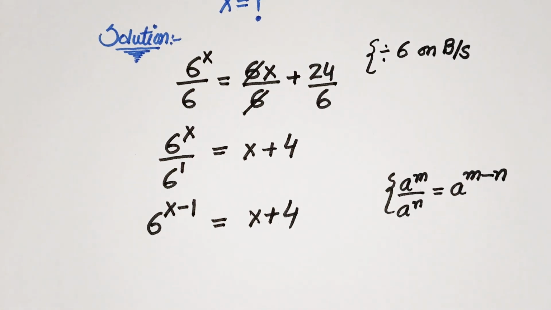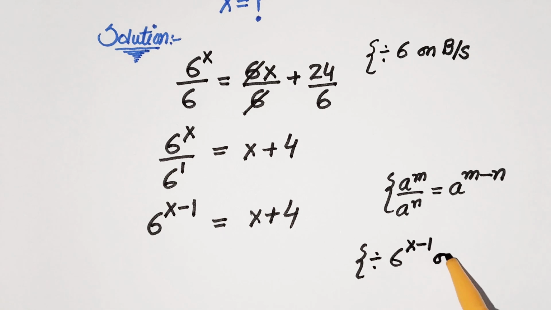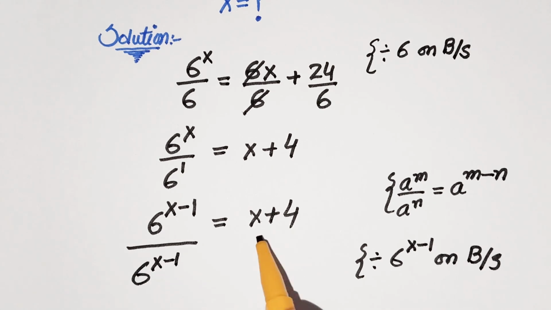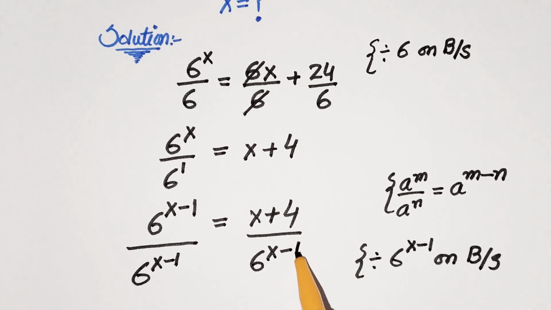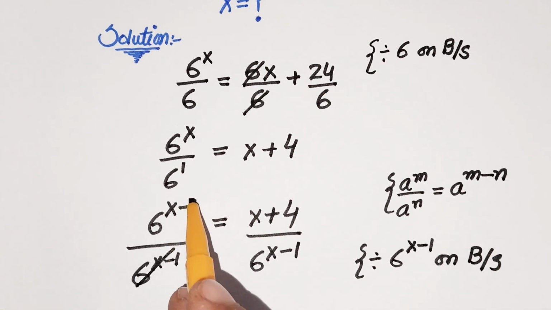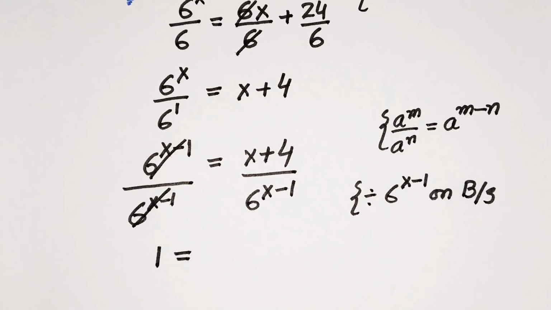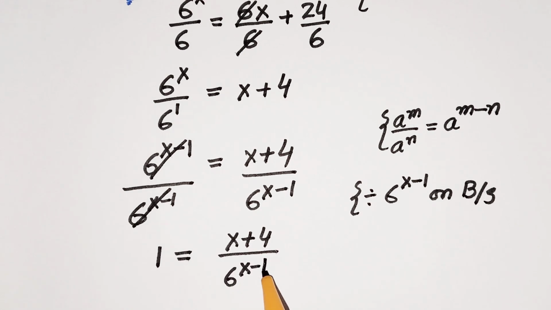So our next step is dividing by 6 to the power x minus 1 on both hand sides. So we get 6 to the power x minus 1 over 6 to the power x minus 1, and here we can cancel this, we get 1 is equal to x plus 4 over 6 raised to the power x minus 1.